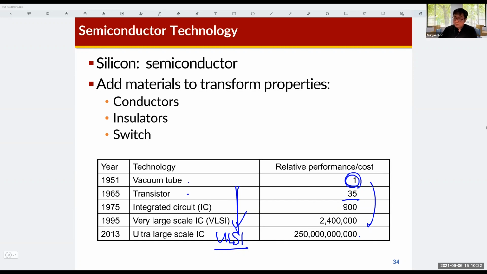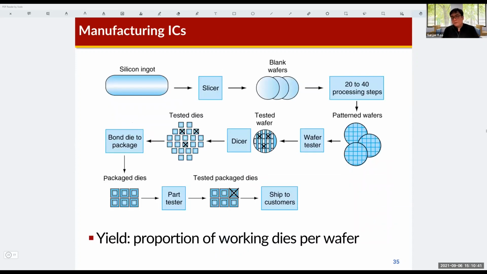So that means the VLSI technology advanced exponentially. That means the performance of the computer system also increased exponentially. Okay. And then this slide just briefly shows how the chips are made from silicon.